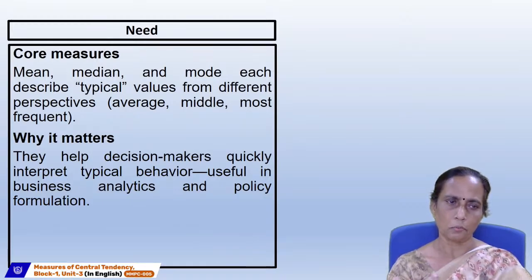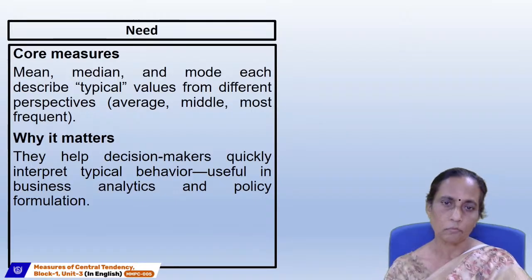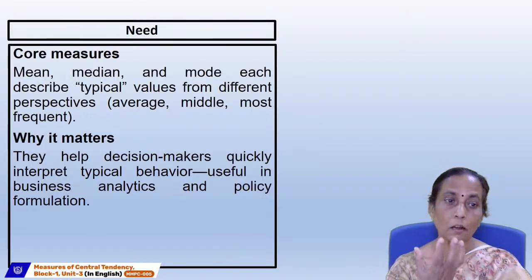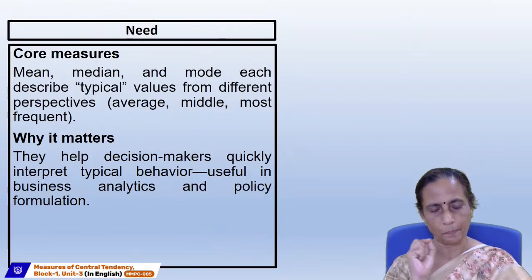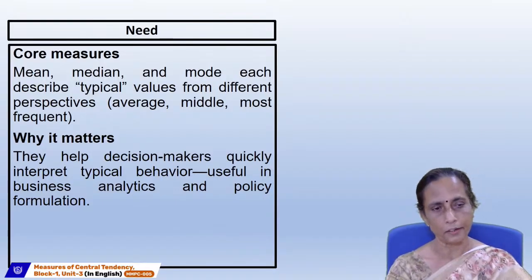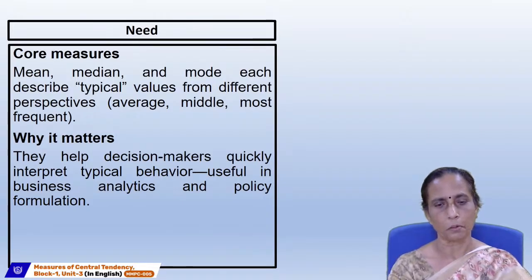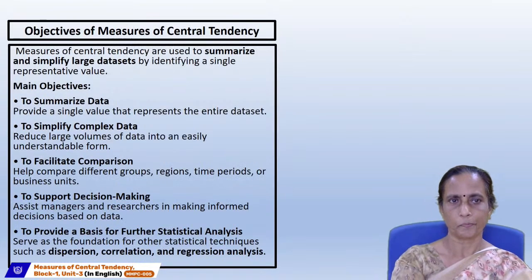Similar is the case with mode, where suppose we ask how many students have scored 99. If the most students scored 99 amongst all, then we call that the mode value. So why does it matter? These help your decision makers to quickly interpret behavior, with usefulness in business analytics and policy formulation.